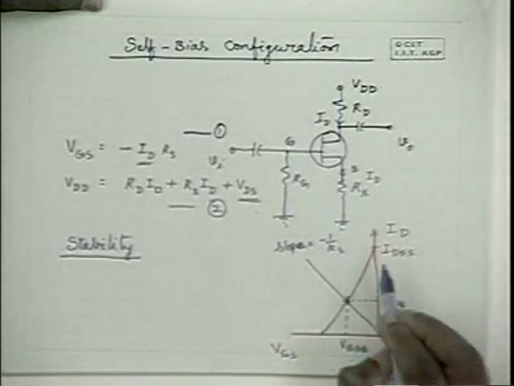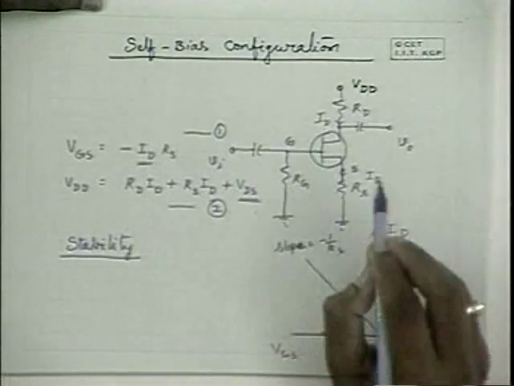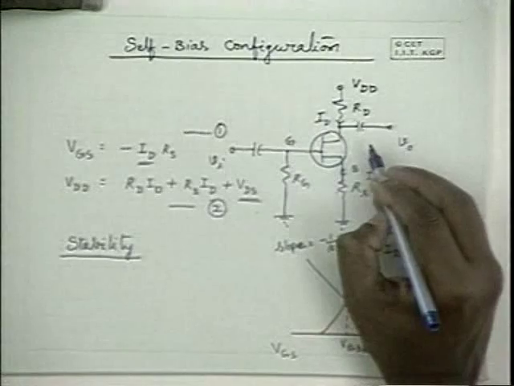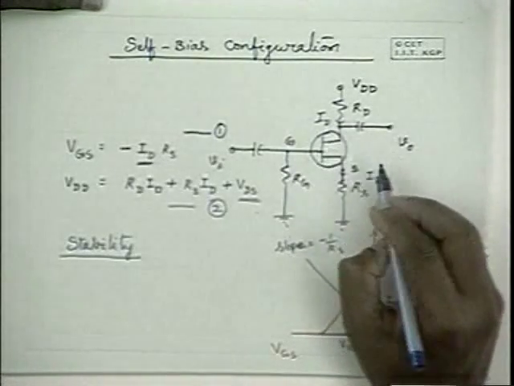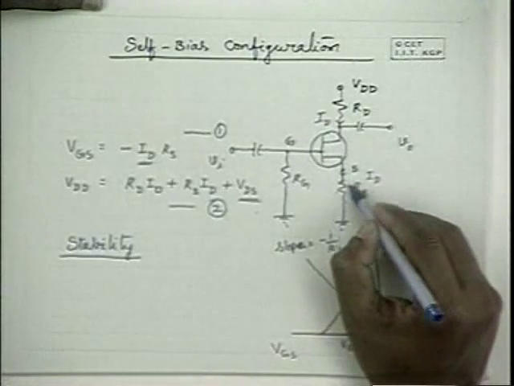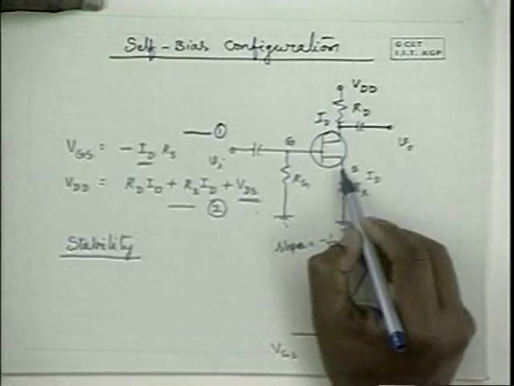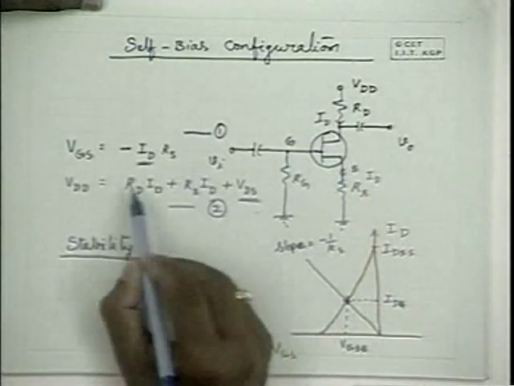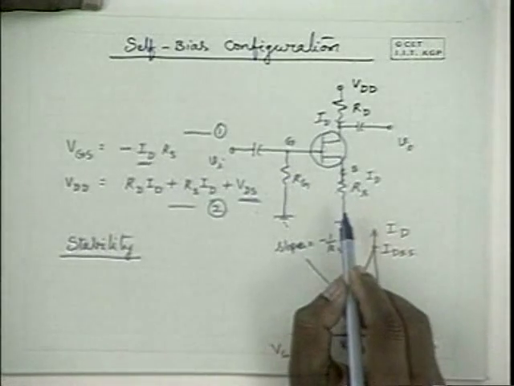Because of the difference in the transfer characteristics, if ID tries to increase, the voltage drop across Rs increases. That means the gate to source reverse potential increases, because VGS is equal to the voltage drop across this with opposite sign.